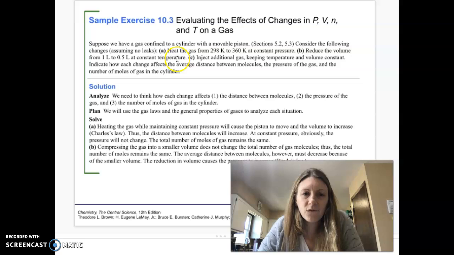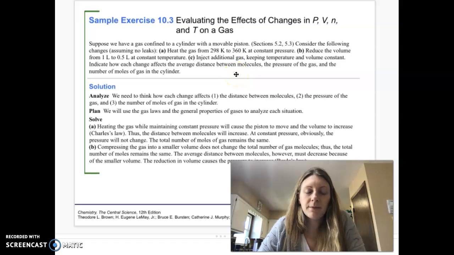So, for A, we're going to increase the heat while keeping the pressure the same. So, pressure won't change. But because you're increasing the temperature, the volume is going to increase. But the number of moles, we're not adding anything, so the number of moles will stay the same.